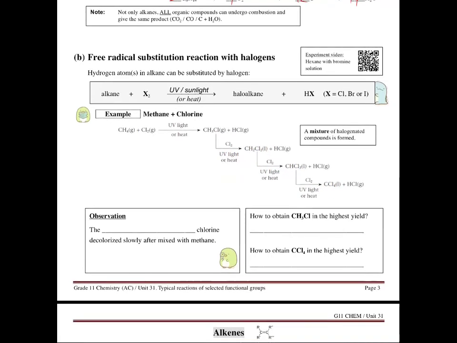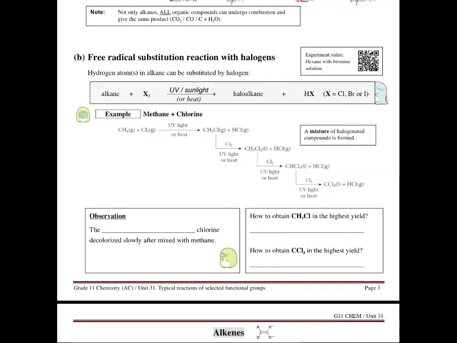For this example, what's the expected observation? At the beginning, we have chlorine. Do you remember the chlorine gas color? I think when we did the experiment, we used the solution, so similar color.